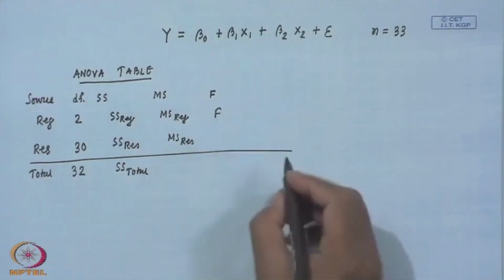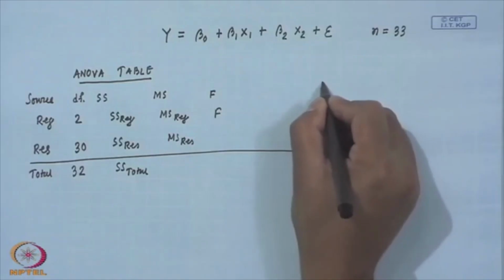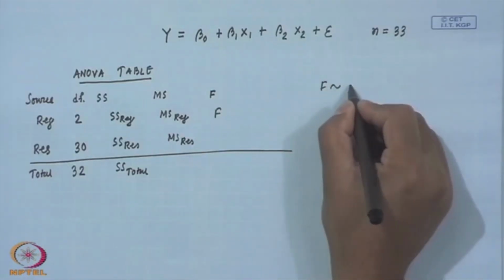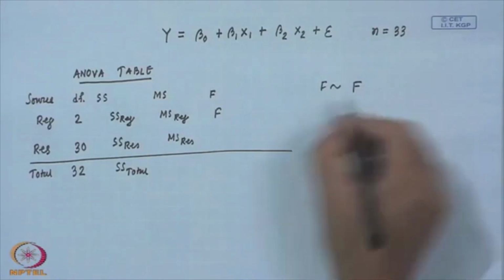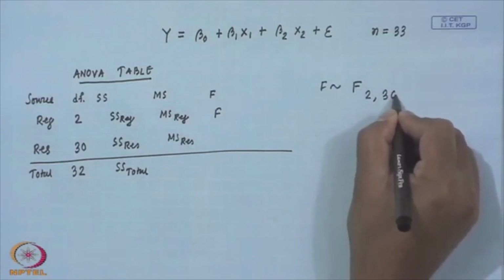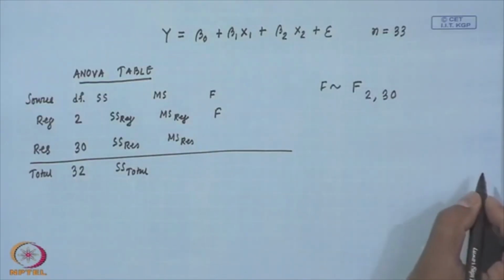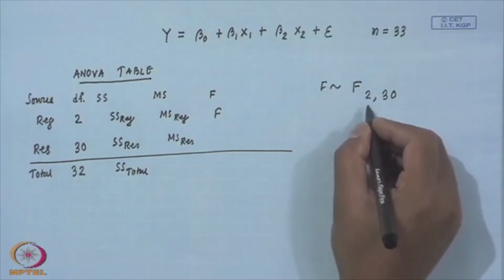Okay. So, what you know is that this F is significant. So, this F follows F distribution with the degree of freedom 2 and 30, and his test is just significant.